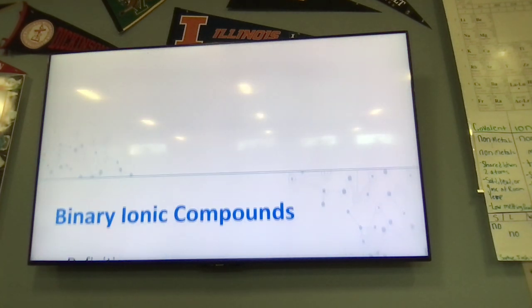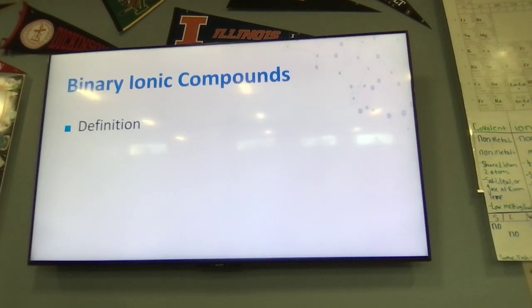So we're going to do binary ionic compounds first. So we got to talk about what a binary ionic compound is. What does the prefix bi mean? 2. So this is an ionic compound composed of 2 elements.